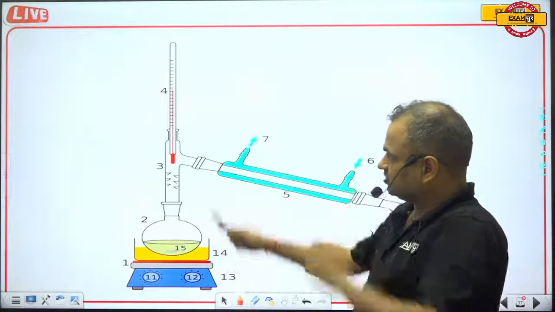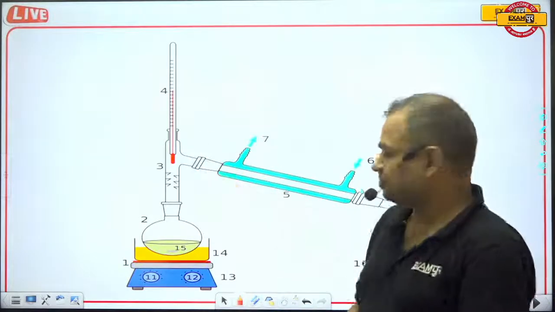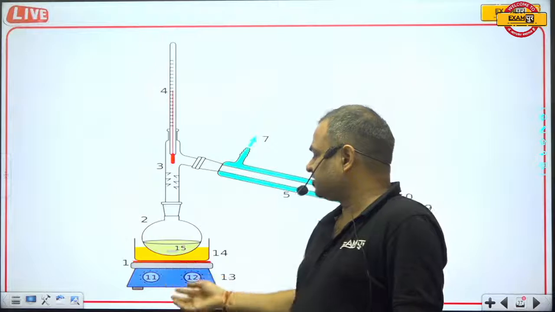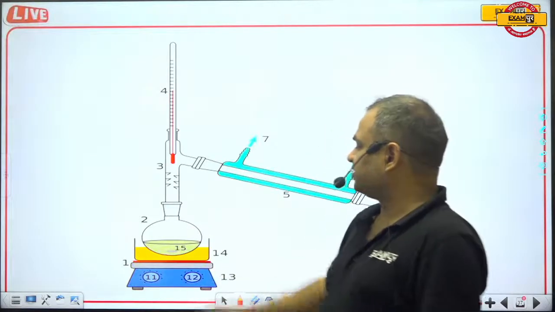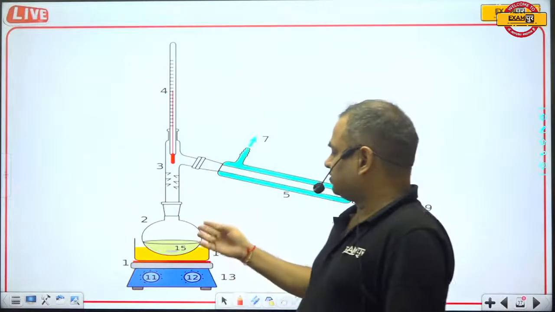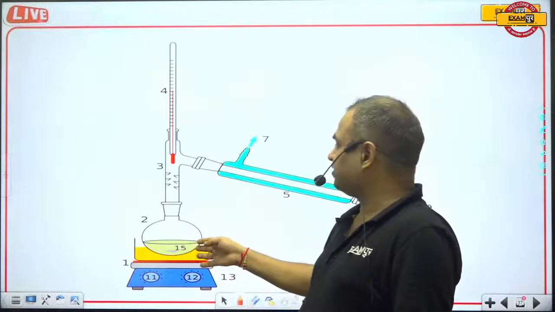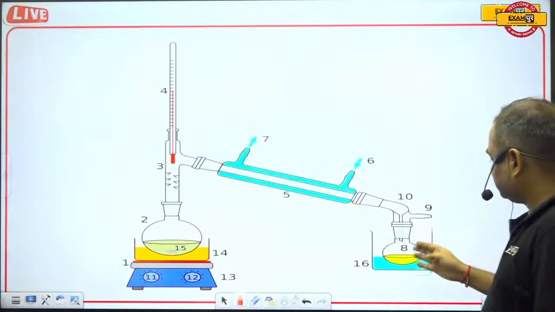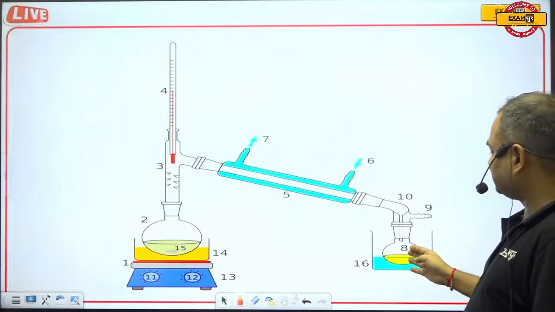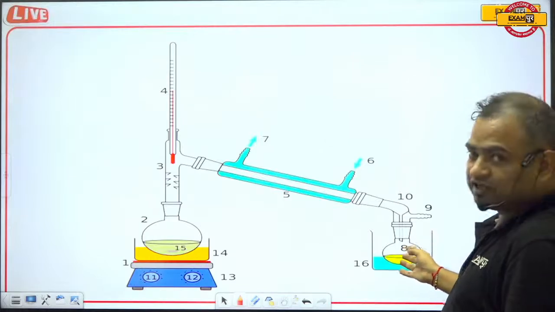This is the thermometer to measure the temperature. Suppose this is the heater. If we start heating this material, the alcohol will first get converted into gas, and this gas will come here, where we condense it and collect the alcohol first.